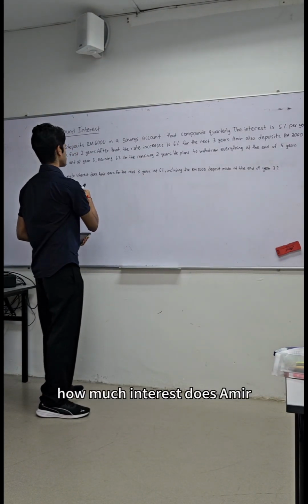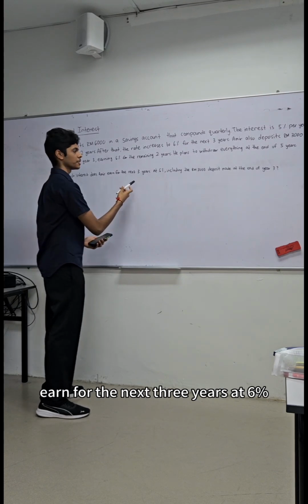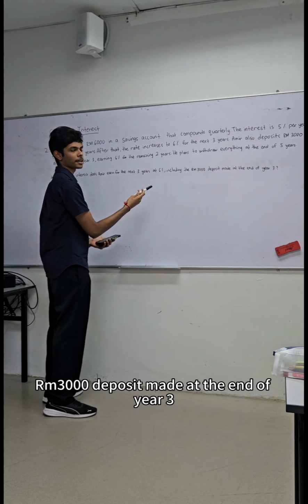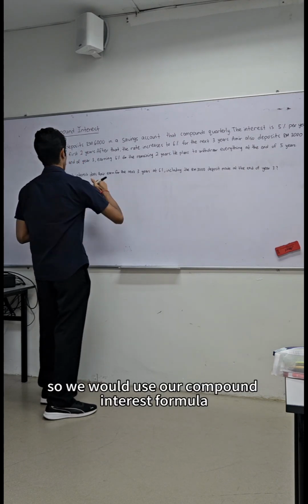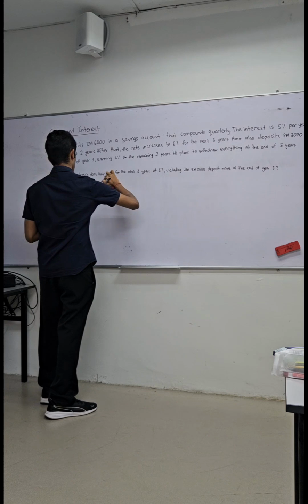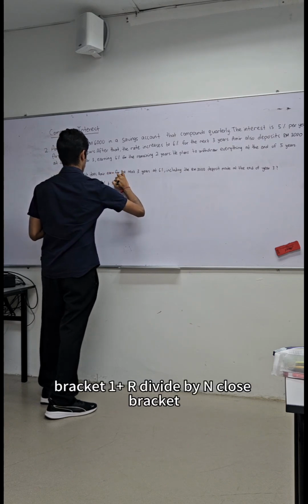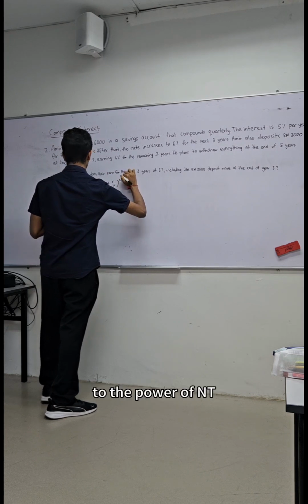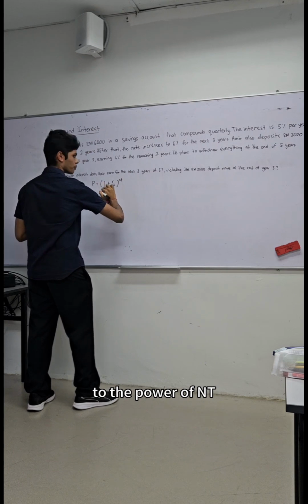So we move on to B. How much interest does Ame earn for the next 3 years at 6%, including the RM3000 deposit made at the end of year 3? So we would use our compound interest formula, which is P bracket 1 plus R divided by N close bracket to the power of NT.